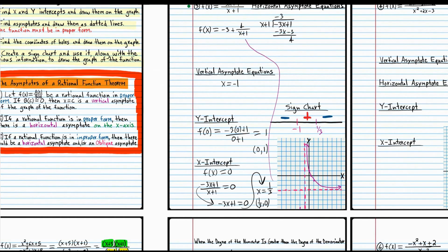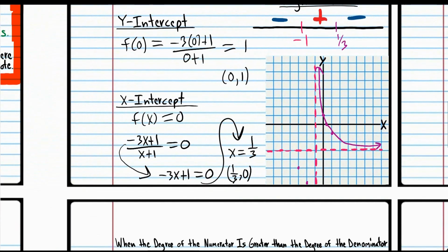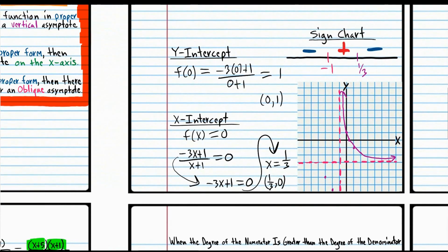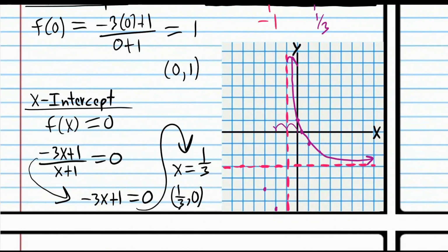Then we get -5 for y. And let's try plugging in -5 for x. And then we get -4 for y. And that gives us enough to connect the dots.